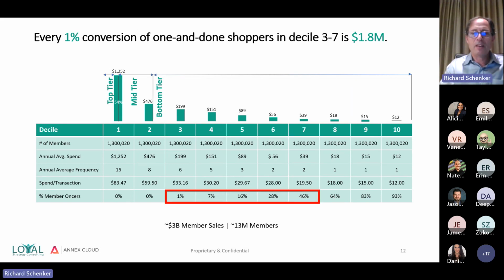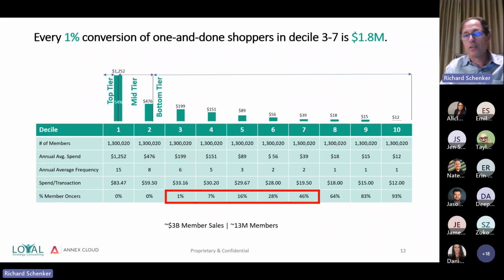And then again, in terms of the one-sers, where do we want to make investments against those one-sers to try to get that frequency up? So you can see from decile 3 to decile 7, you're getting 46% of customers who are one-sers. So there's an opportunity to get higher frequency there. Now, are we going to go to decile 10?